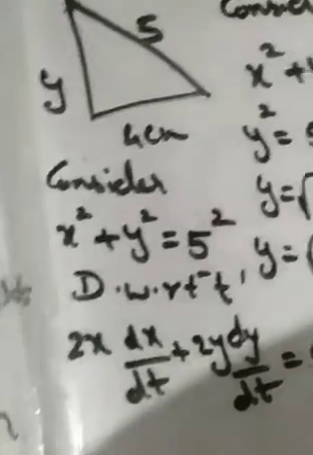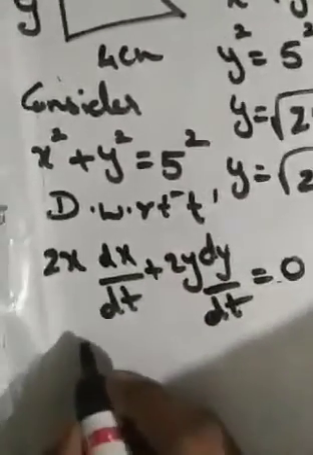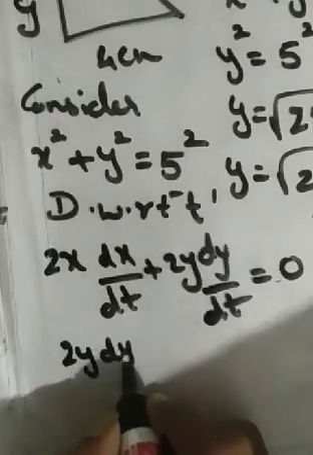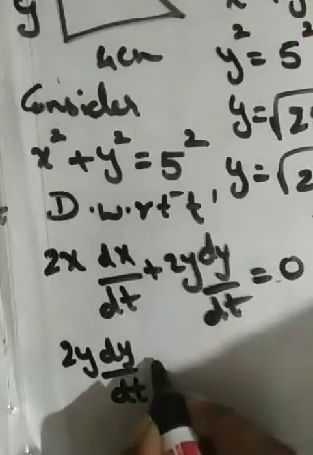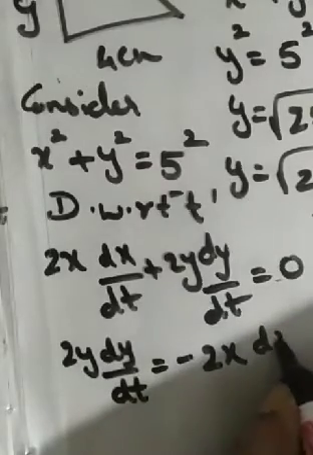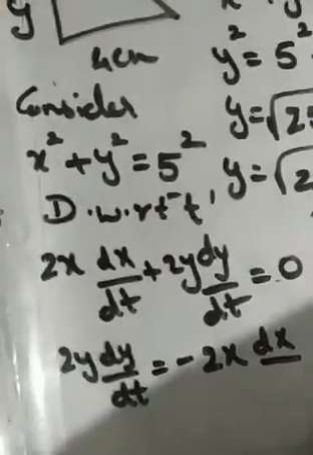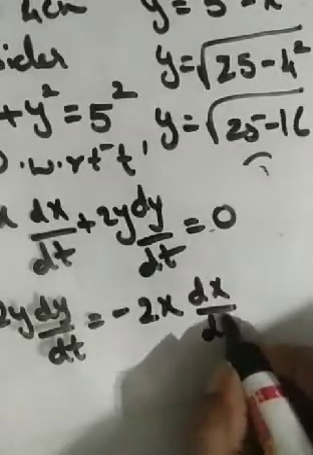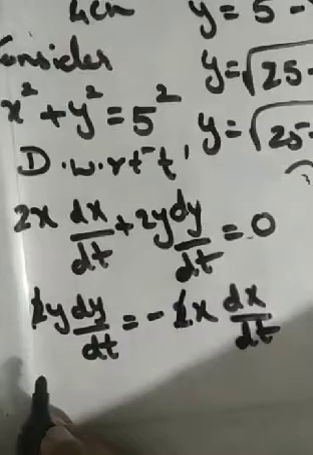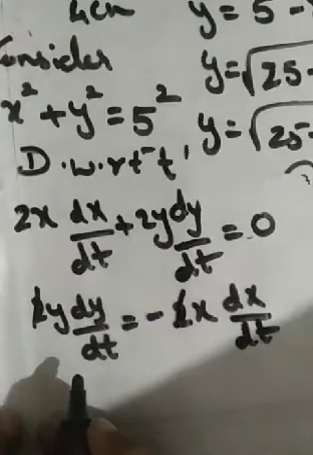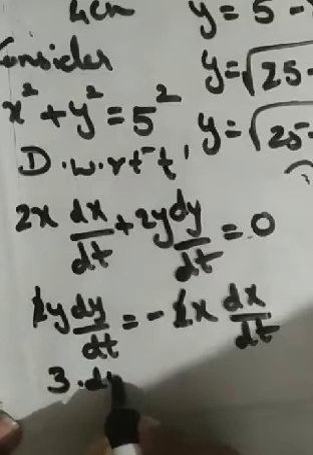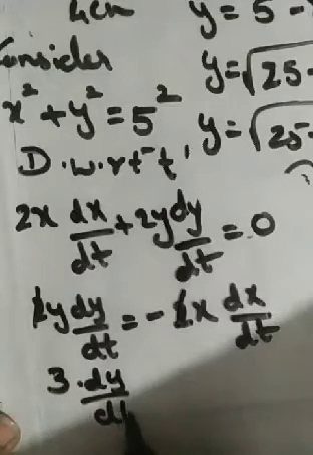So 5 square derivative is what? 0. 2y into dy by dt is equal to minus of 2x into dx by dt. 2 gets cancelled. Now you substitute the value. What is the y value? You just found it. y value is 3. We don't know dy by dt. Keep it as it is.